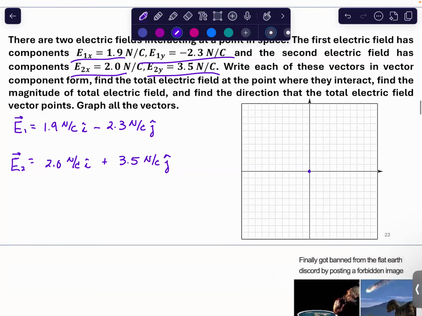So I'll do it for one of them. So let's do E1. We'll say theta. So you see, we're just going to bring back in our formula for direction.